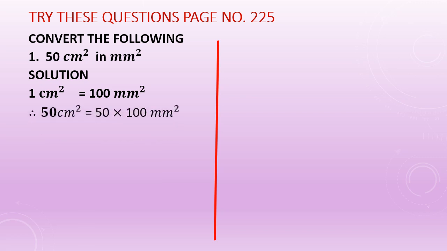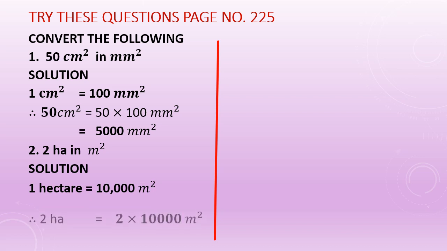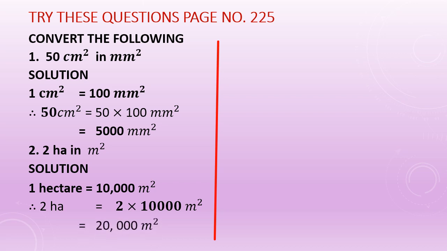Therefore 50 centimeter square equal to 50 multiplied by 100 millimeter square, which gives 5000 millimeter square. Next question, 2 hectare in meter square. As we know that 1 hectare equal to 10,000 meter square. Therefore, 2 hectare equal to 2 into 10,000, which gives 20,000 meter square.